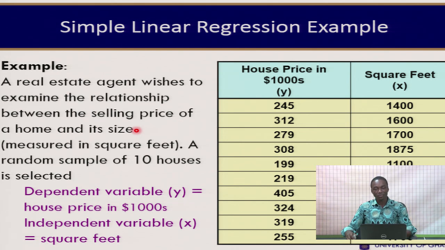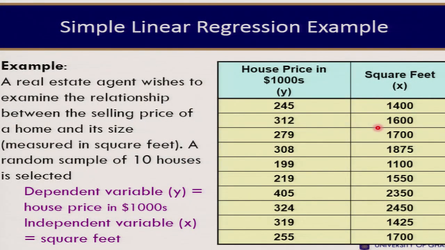We have a random sample of 10 houses with their house prices as well as their size given in square feet. Therefore, let's say for one we have a price of 245,000 and a size of 1,400 square feet, on and on till the last sample.